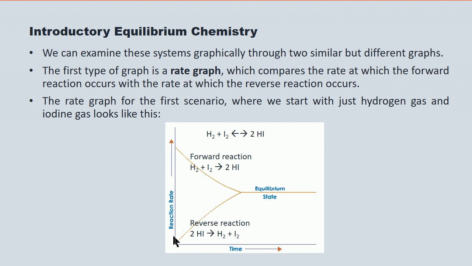But then it immediately picks up speed as the hydrogen iodide is formed, until ultimately the rate at which the forward reaction takes place is equal and opposite to the rate at which the reverse reaction takes place, and we reach a system in dynamic chemical equilibrium represented by this horizontal line.